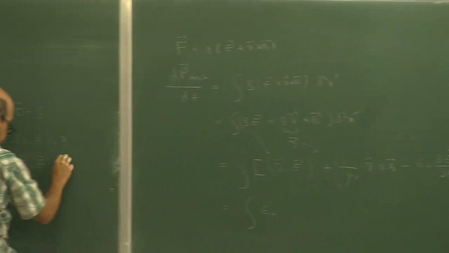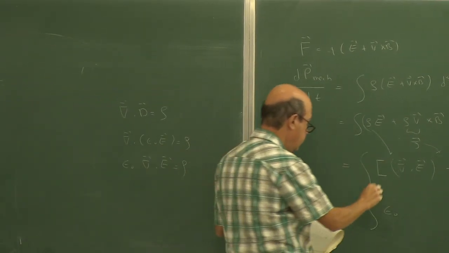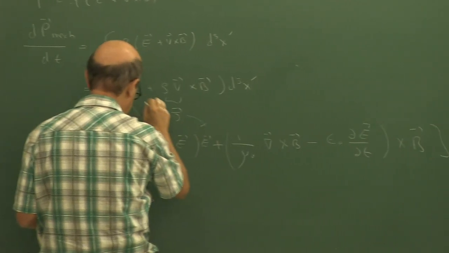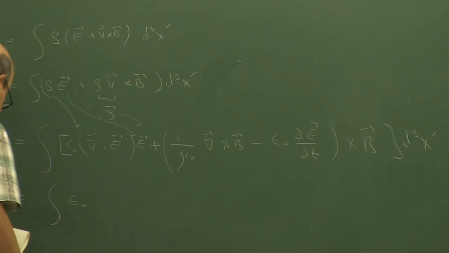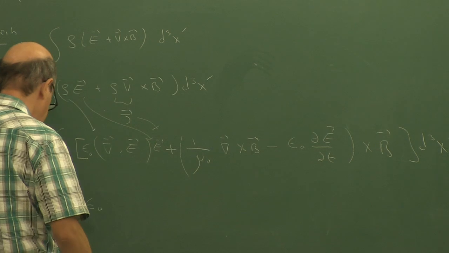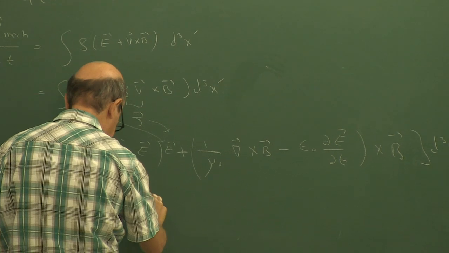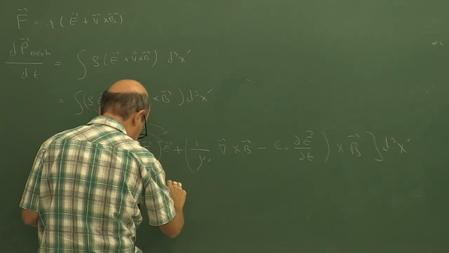Therefore, I forgot to write the epsilon 0 here, and I have an E here. So if you take the epsilon 0 parentheses, you will obtain E, divergence of E.